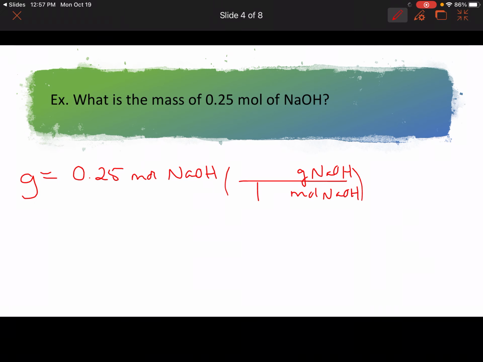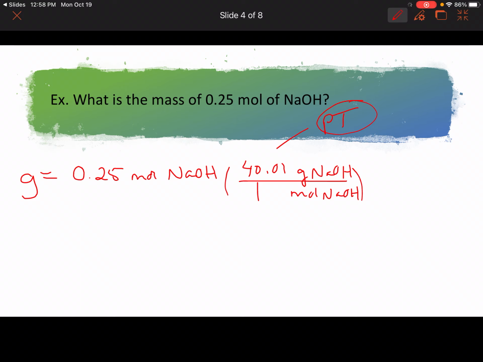So I'm going to find the formula mass for NaOH, sodium hydroxide. I'm going to end up with 40.01 when I do that. This came from the periodic table. So I add up 23 for the sodium, 16 for the oxygen, and 1.01 for the hydrogen, and I get 40.01.